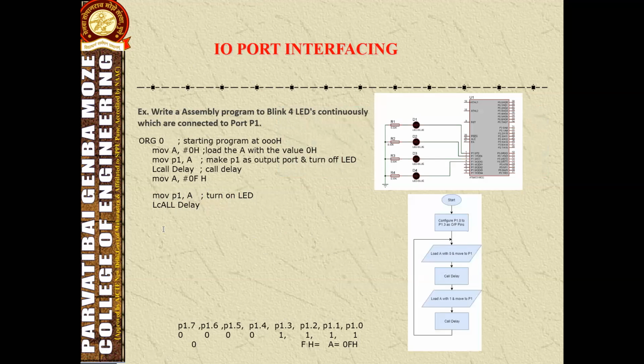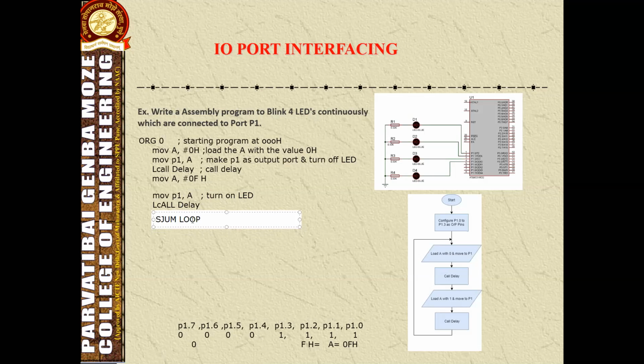So, what delay should we call? How do we know how much delay it will take? For that, we have to write instructions. After calling delay, after some time, it should start again. So we have to write jump to loop.